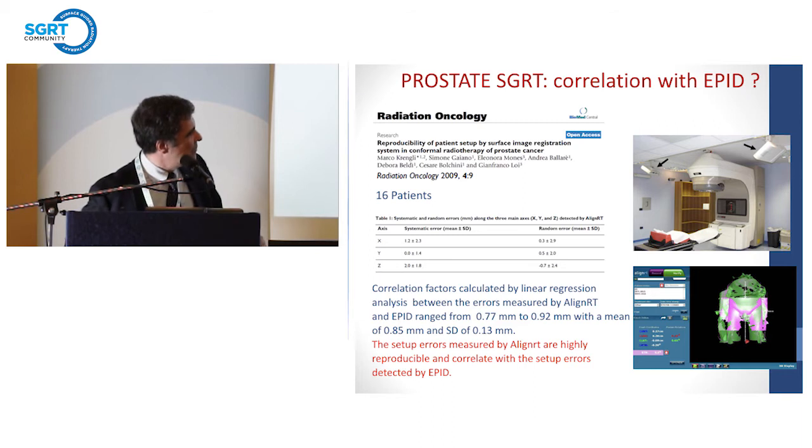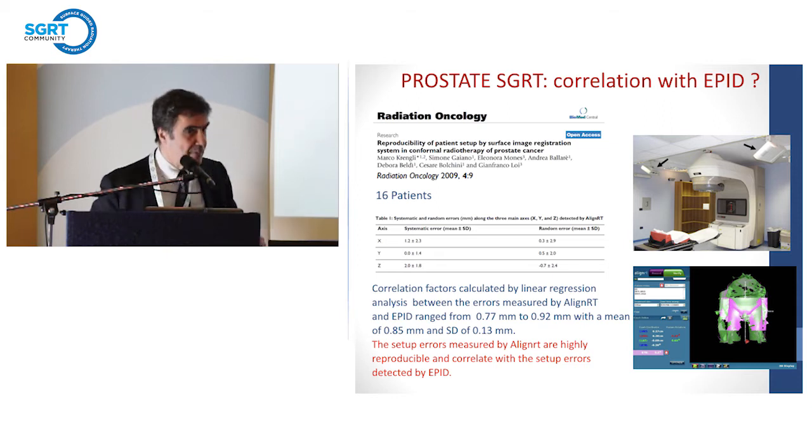Most interesting was the correlation between the errors measured by AlignRT and measured by EPID. The difference was very small. These setup errors were very reproducible and correlated quite strongly with the setup errors detected by EPID.